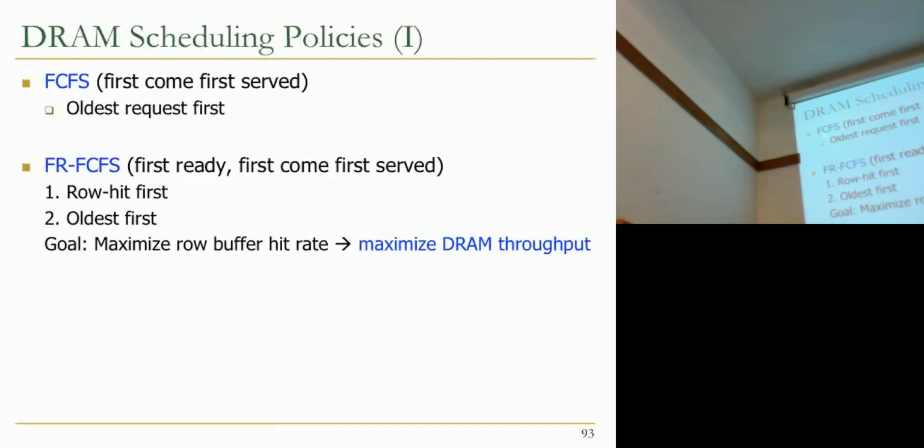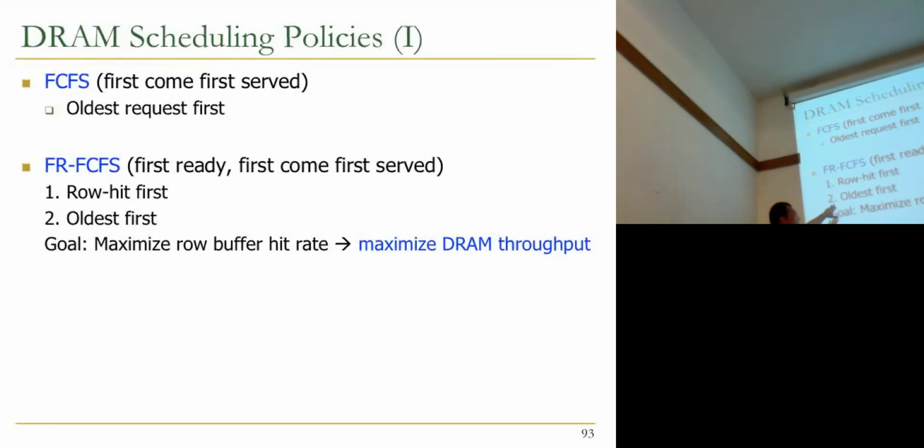Okay, some scheduling policies. Old controllers used to do first come, first serve, which is not really a scheduling policy. It's FIFO. At some point, it's a scheduling policy, but oldest request first. Many controllers today use some form of this, which is first ready, first come, first served. The idea is to, because row hit requests can be serviced much faster, prioritize those requests over others.